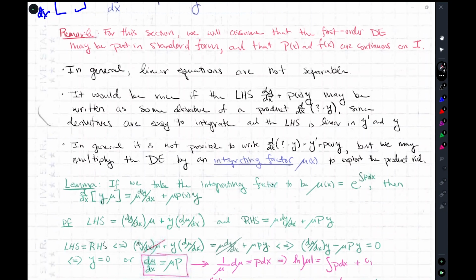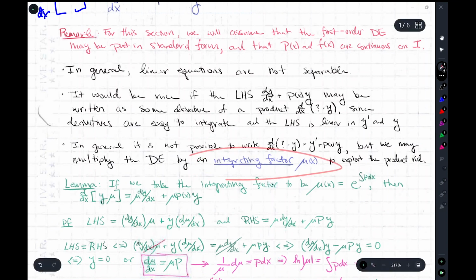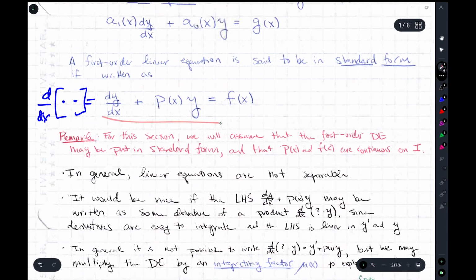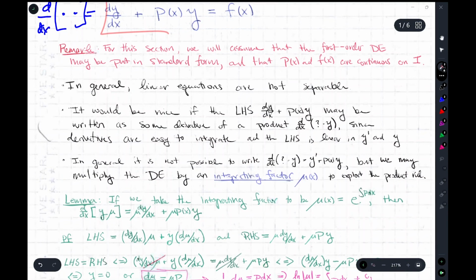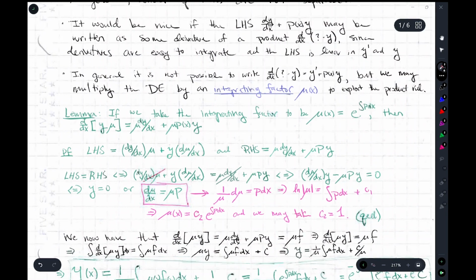But first, let's try to find this integrating factor, which will allow us to write the left-hand side as a product. Not exactly the left-hand side, but the left-hand side times the integrating factor. So here we have a theorem.